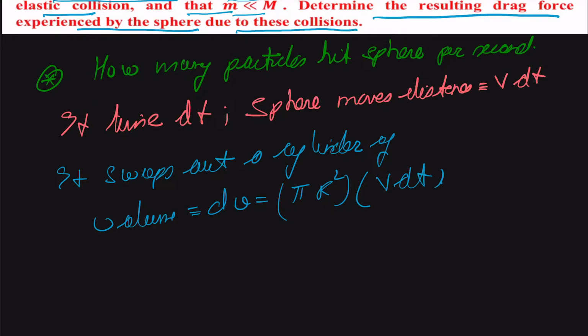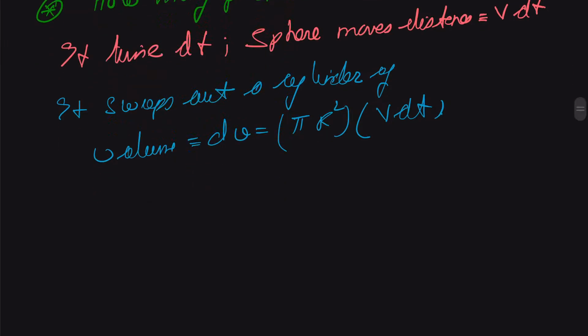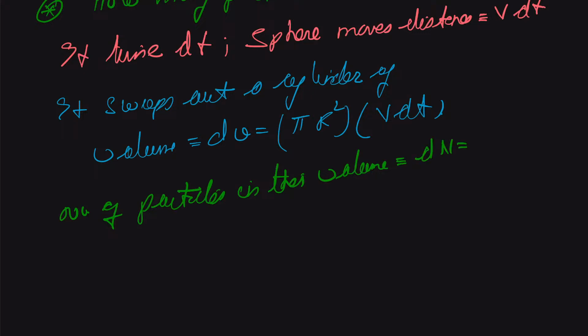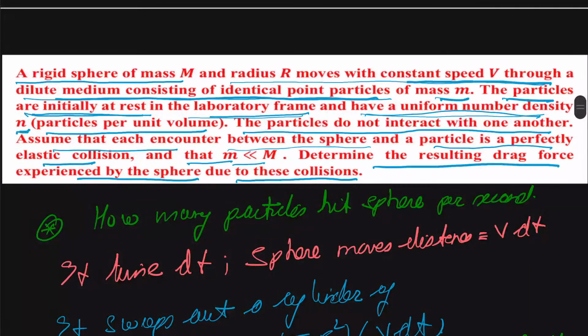And we can find the number of particles in this volume. Let us call this dn, which will be equal to n multiplied by pi r squared v times dt, because we are given that n is the number of particles per unit volume.